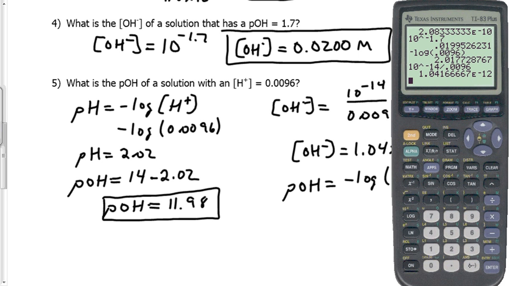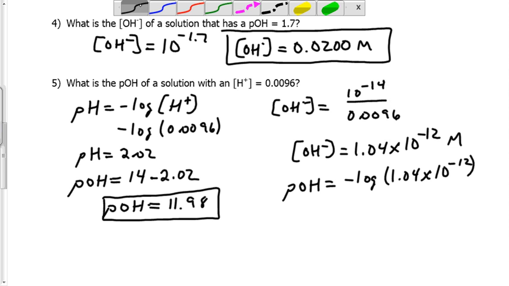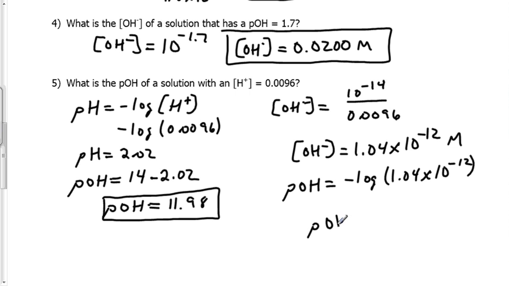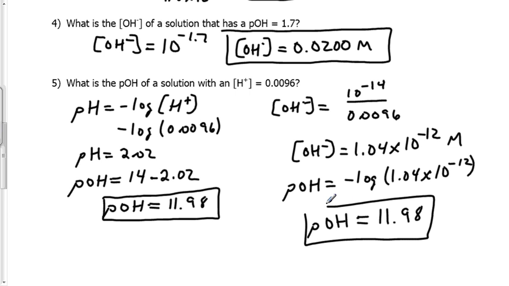So the negative log of that answer is again 11.98. It doesn't matter which way you go around. Both ways you're going to get the same answer.